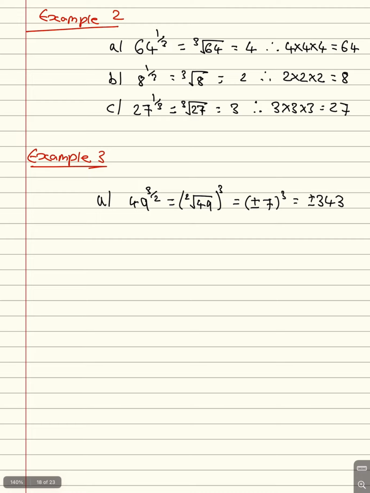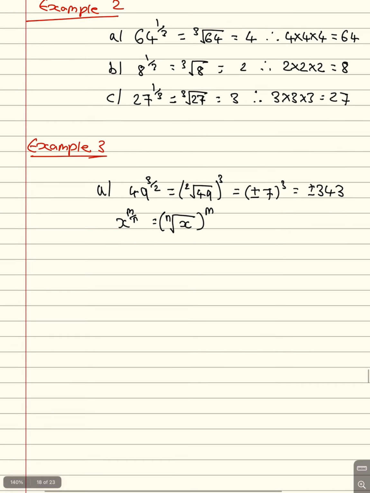Now for part B. When we have x to the power of m over n, we have the nth root of x all to the power of m. Again, I use this rule for this example.